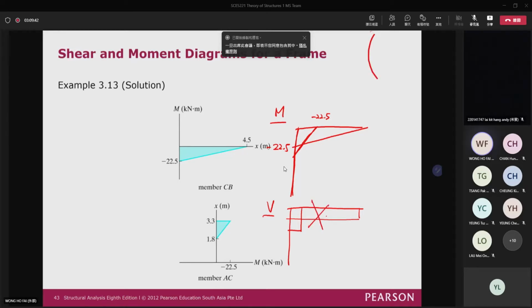I'll draw it again. It is in the positive direction. Negative here. Okay. This is the shear force diagram. This is the beam structure, I mean the vertical member. This is the horizontal member, okay?